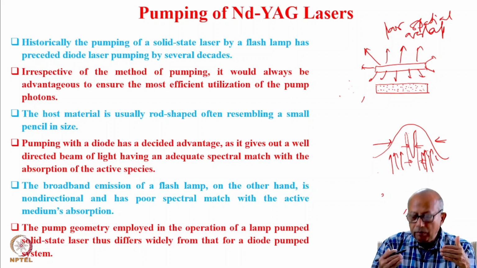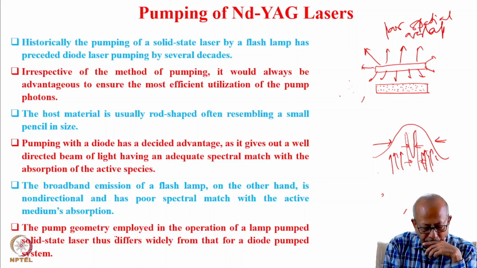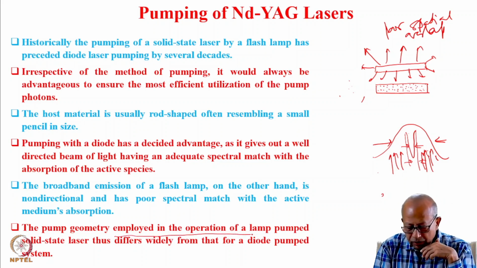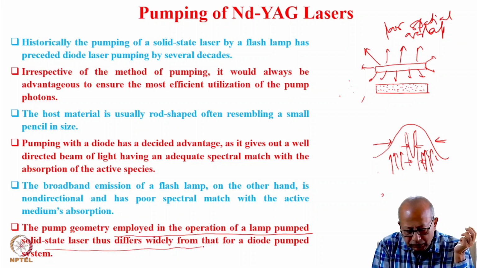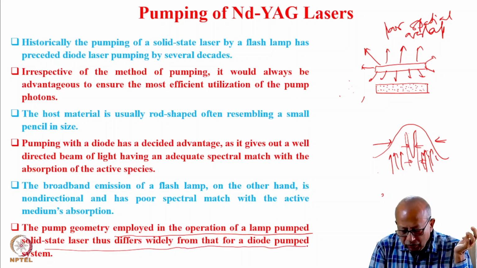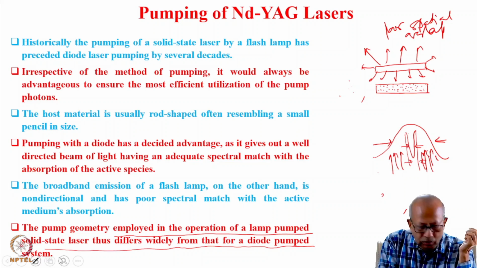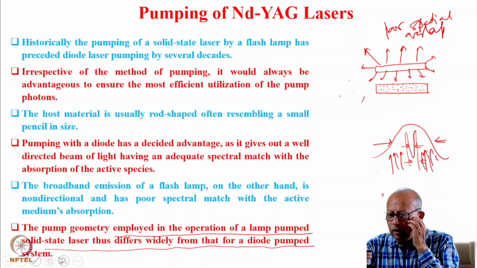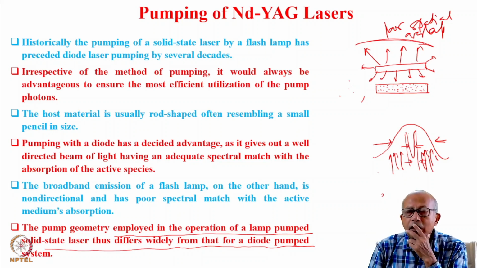Therefore, you can very well appreciate that the pumping geometry employed in the operation of a lamp pumped solid-state laser differs considerably from that for a diode pumped system, because you will have to ensure that you are able to direct all this escaping photon back into the host.